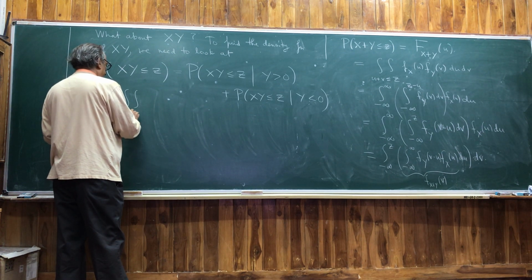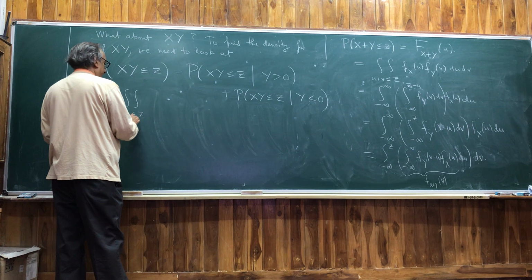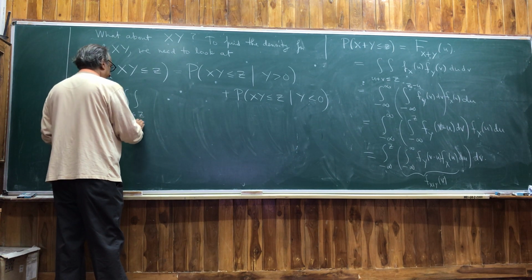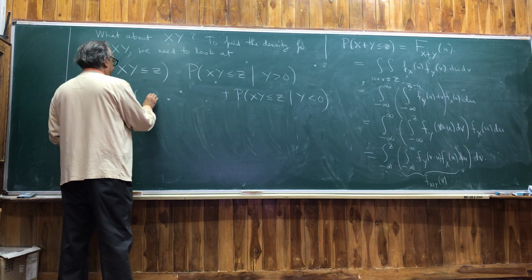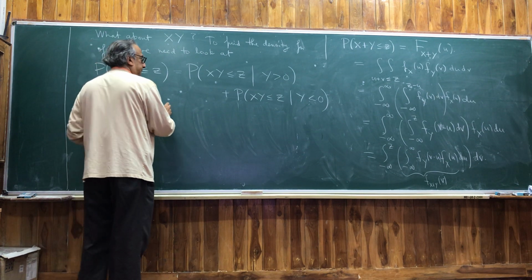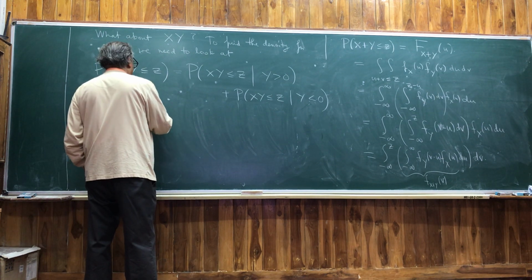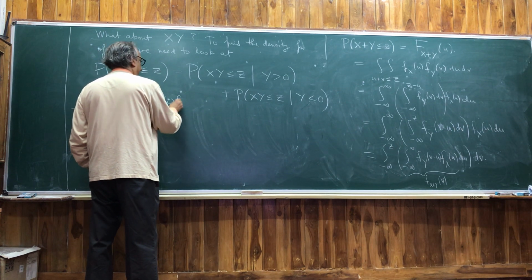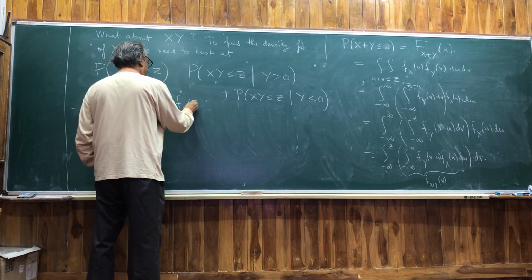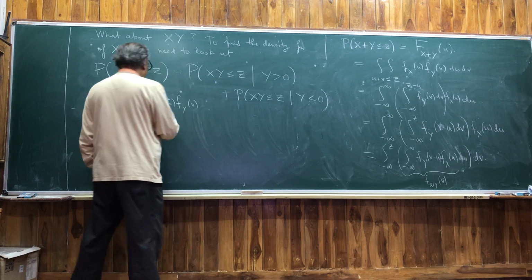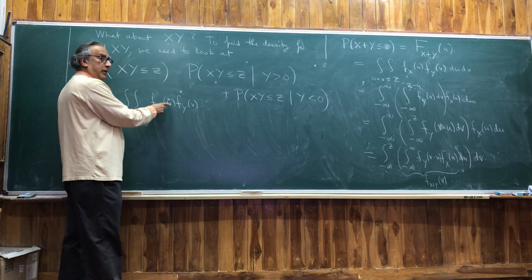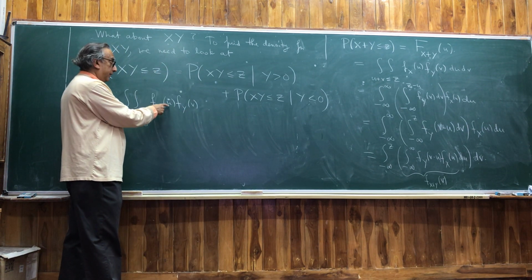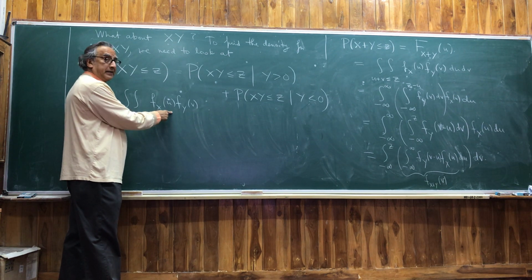uv is less than or equal to z, with v positive, of the probability that the random variable capital X takes on the value u is given by f_X(u).